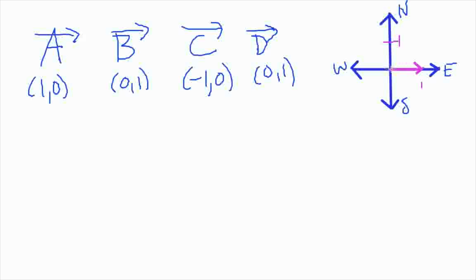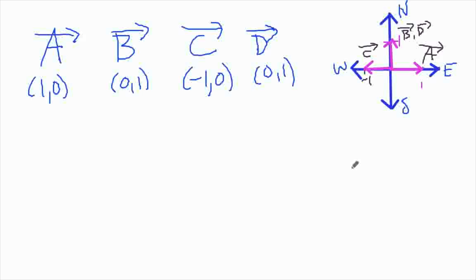So there's A, there's B, there's C, and then D is just like B. So this one is A, this one is B and D, this one is C. Now, if we did all of those motions one after the other, where would we end up?